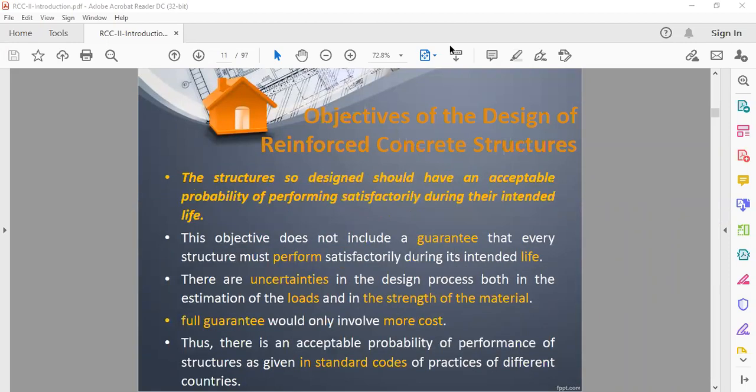If you look at a particular structure, it should have an acceptable probability of performing satisfactorily during its intended life. It means that it should be designed in such a way that, suppose there is a 50 year life, in that case that building should behave properly and should not have any kind of dangerous deformations.